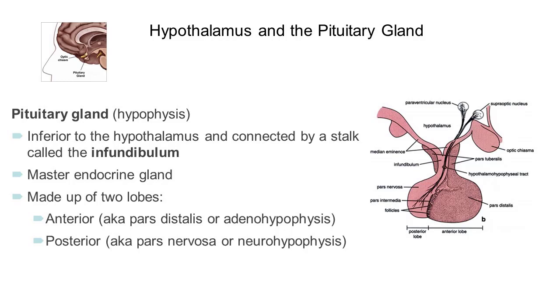The artist colored it to show you that the tuberalis looks more like our adeno, and I think they're trying to say the intermedia looks more like the anterior. But for us, we're just going to stick with these two. We're not going to complicate it with all those other parts. The anterior and the posterior, adeno and neurohypophysis.